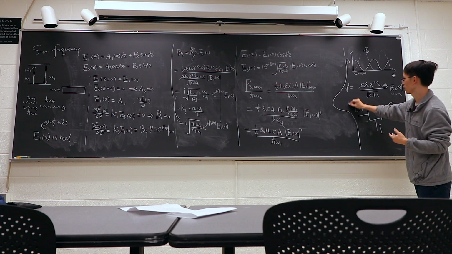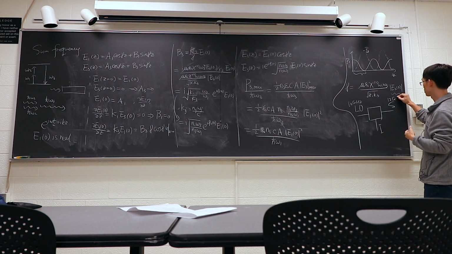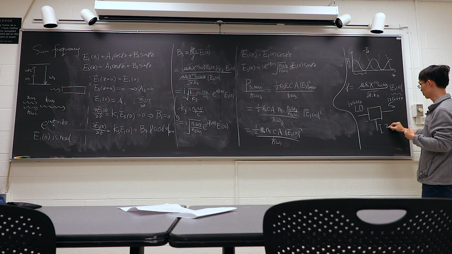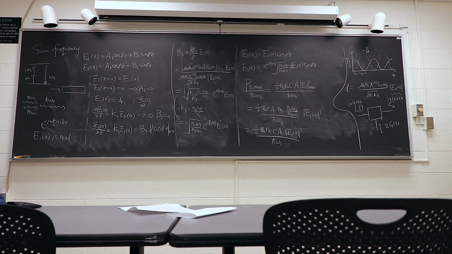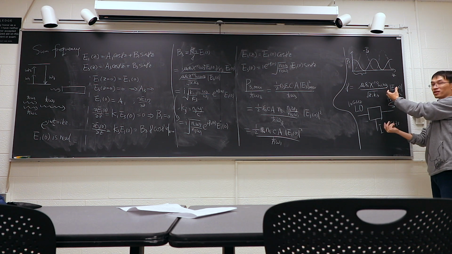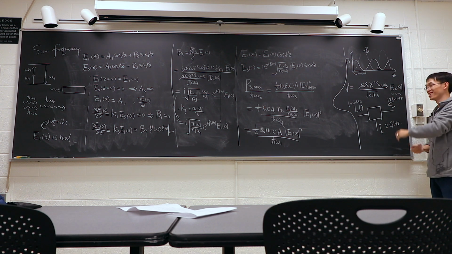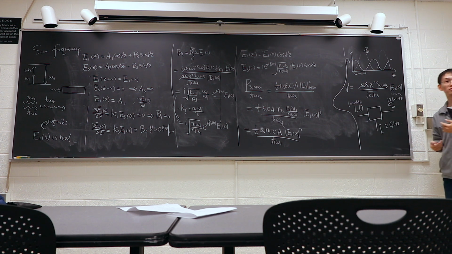Let's say you input 10 gigahertz, and here you input 12 gigahertz, and it gives you 2 gigahertz. But you can work in a different way. You can rotate them so that you input 10 and 2 and it gives you 12.